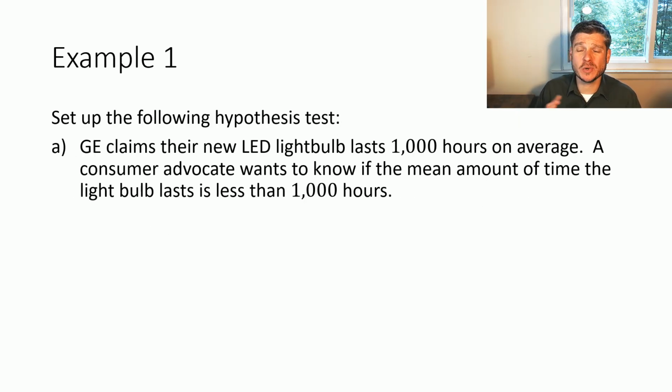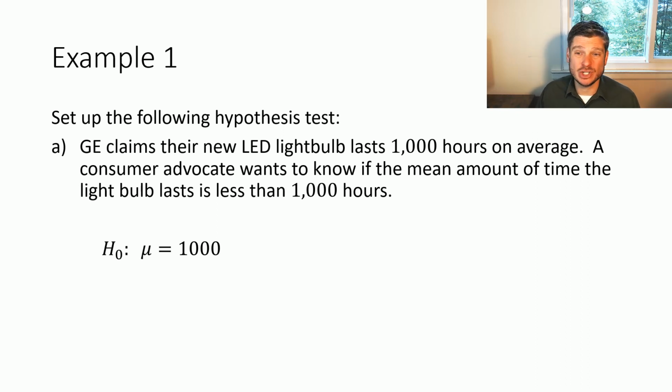So let's do a few examples and set up the hypothesis testing just to see how it would be done. Let's say GE has just come out with a new LED light bulb that lasts 1,000 hours on average. A consumer advocate group wants to know if that mean amount of time is actually less than 1,000. So we set up our null hypothesis. Our null hypothesis is that the mean is 1,000.